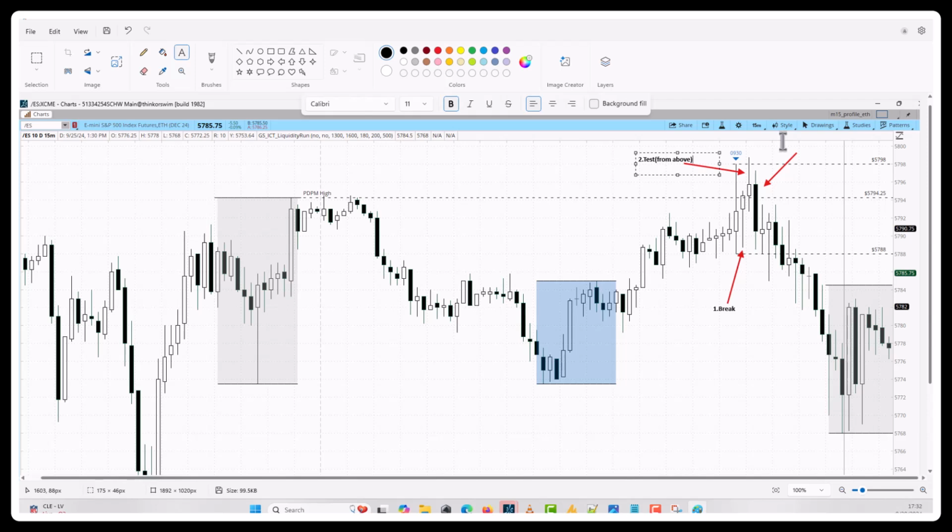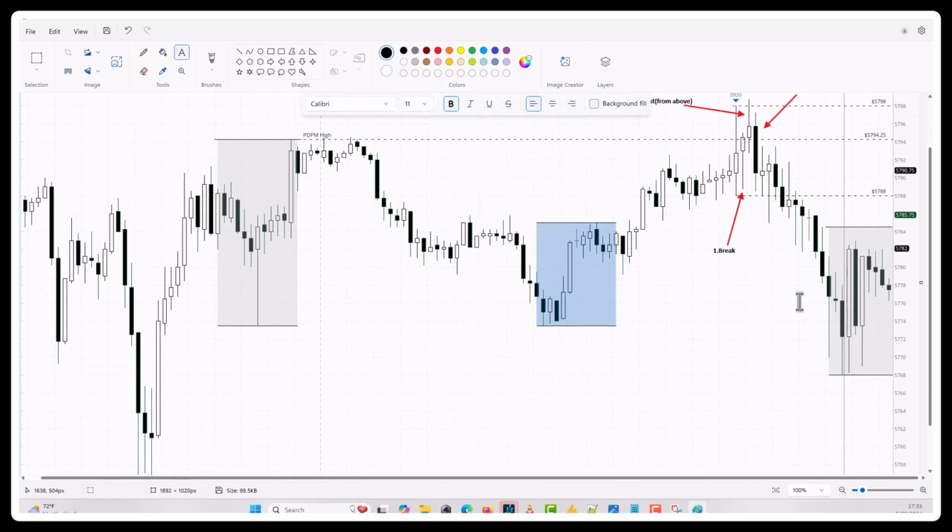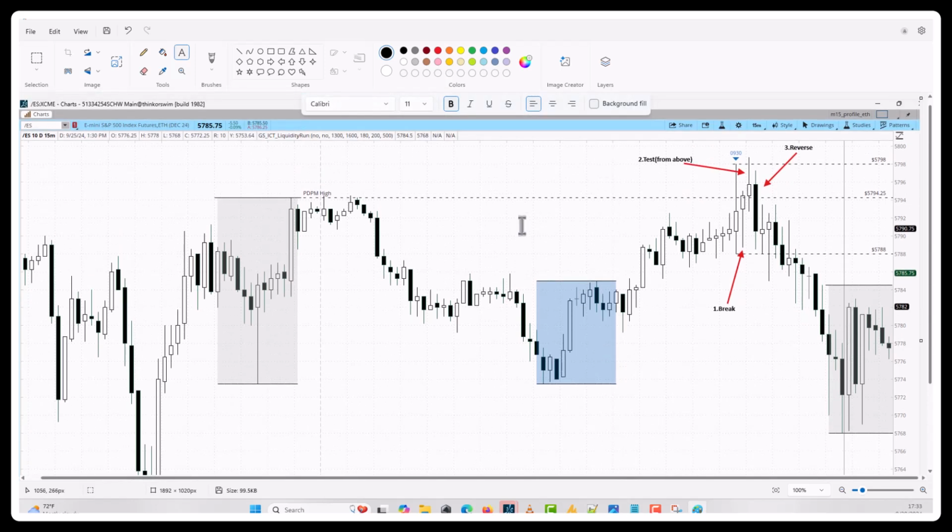And then the third step, number 3, is a reverse. When we executed our trade in real time, we were not sure, because we thought it was going to break this 9:30 high right there, but it just raided the buy side only, which fits into our model called double raid right there.